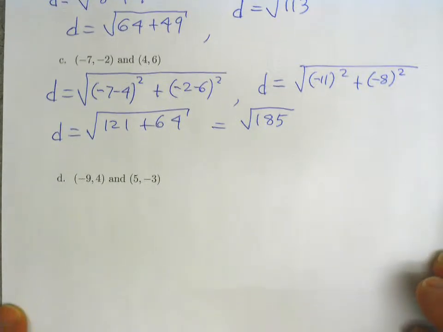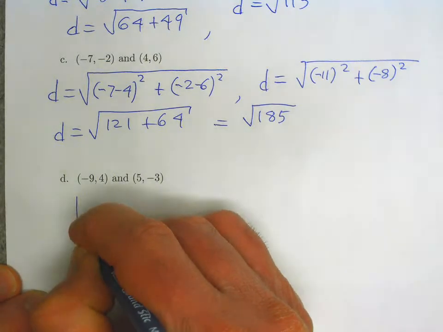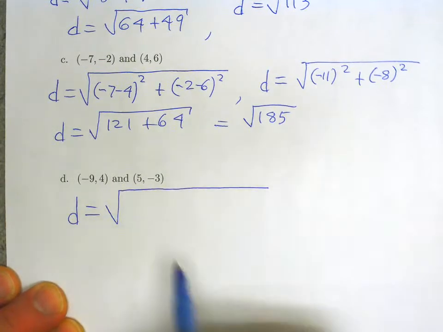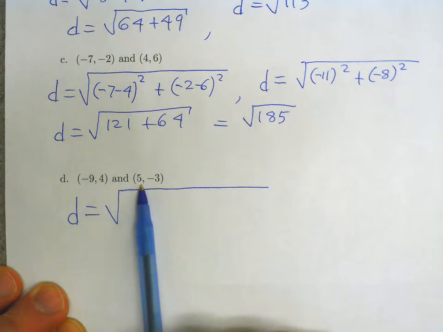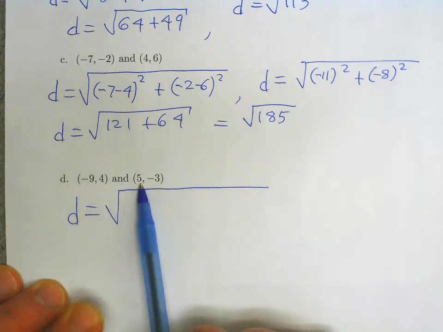Okay, one more example. Find the distance between the points (-9, 4) and (5, -3). Okay, so this time, well, first, I always focus on the x-coordinates first. So one x-coordinate is -9, the other one is 5.